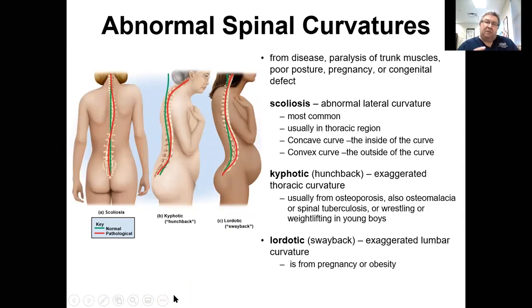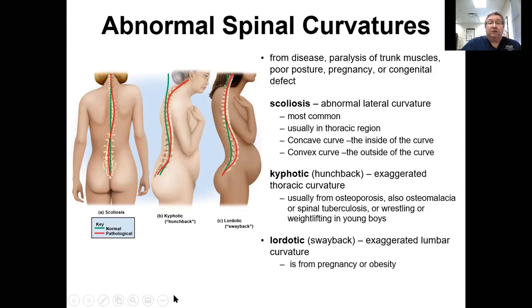And these abnormal curves come from diseases, paralysis, poor posture, congenital defects, and even pregnancy can cause these abnormal curves. So scoliosis is an abnormal lateral curve. These are the most common abnormal curves.